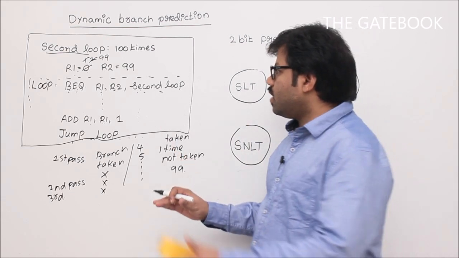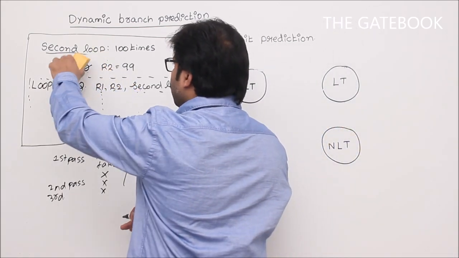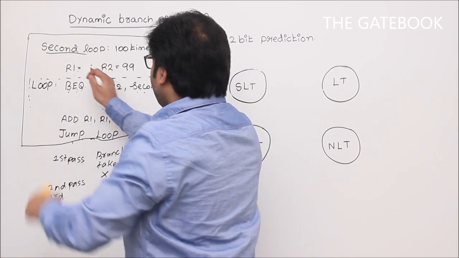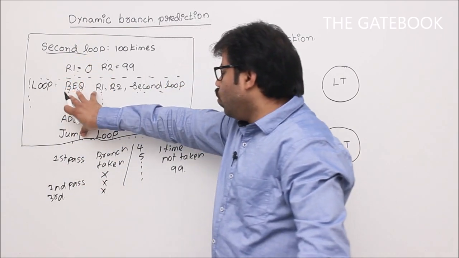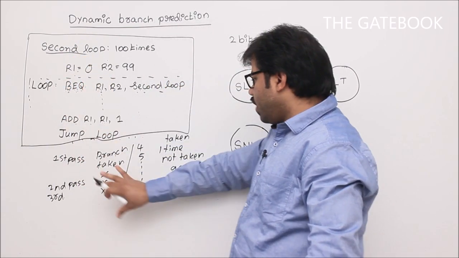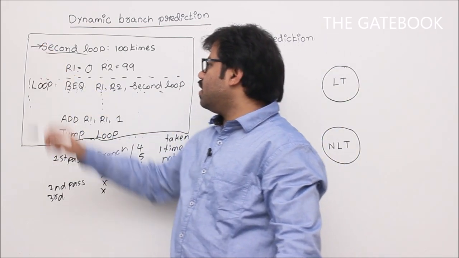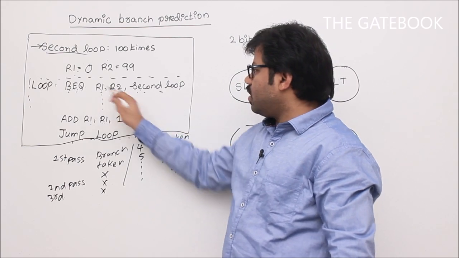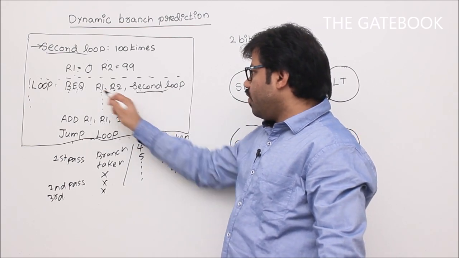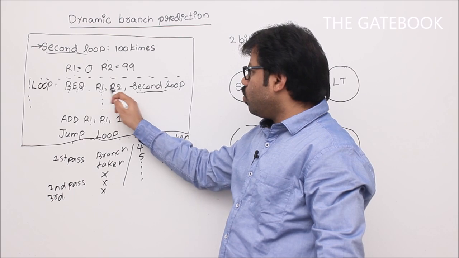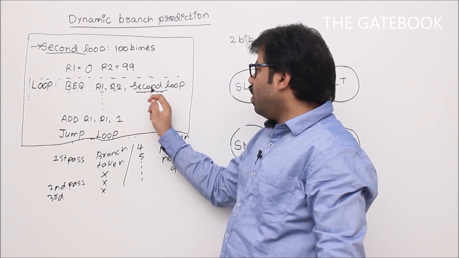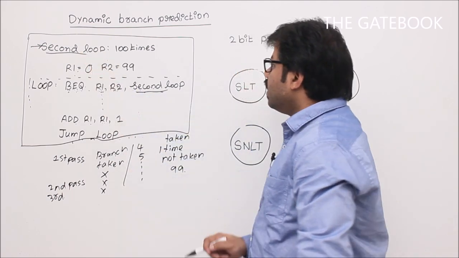So here you should understand one thing. This is a loop. When it is executed the first time, this is the result. But after that we will come back to the loop again, because let's say that whenever the condition is true, that means R1 and R2 are equal, then we will go to the second loop.